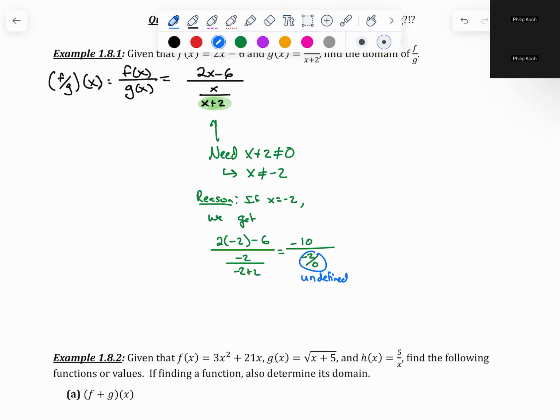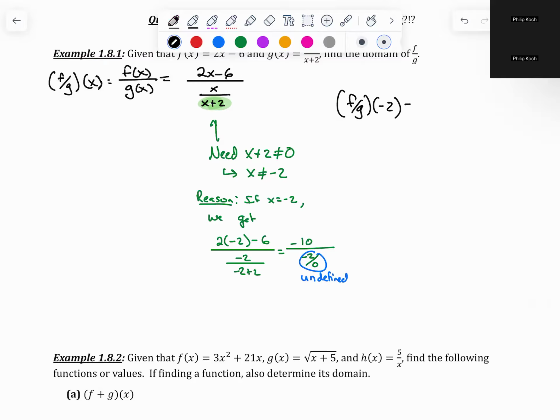Another explanation for this is, imagine straight from the definition, f divided by g of x is equal to f of x over g of x. If -2 was in the domain of this quotient function, then f divided by g of -2 would have to exist.